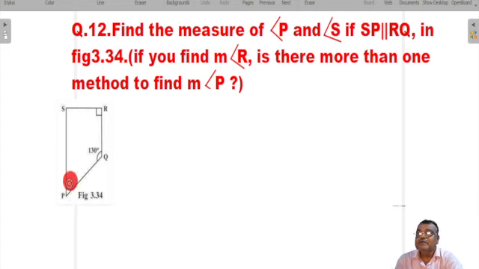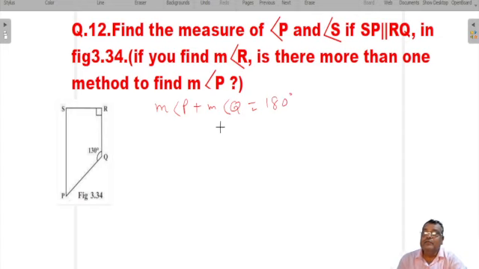So measure of angle P plus measure of angle Q is equal to 180 degree, because the sum of adjacent angles is supplementary.